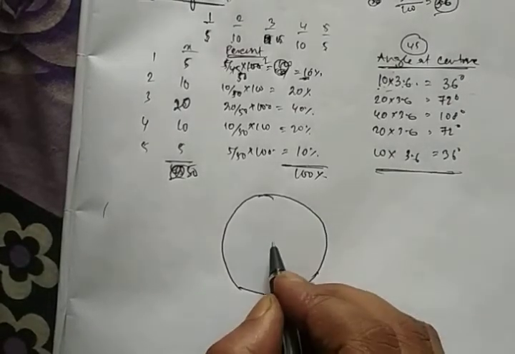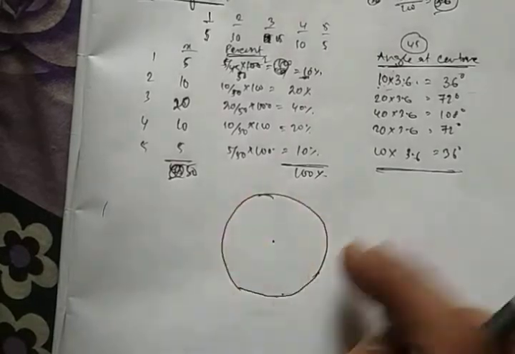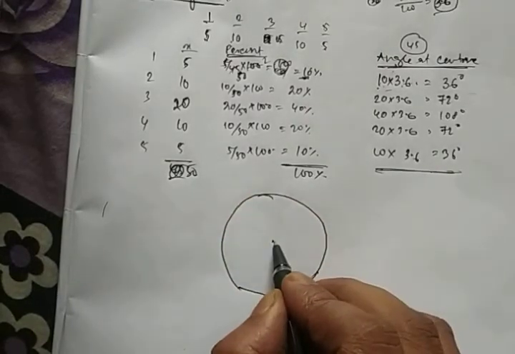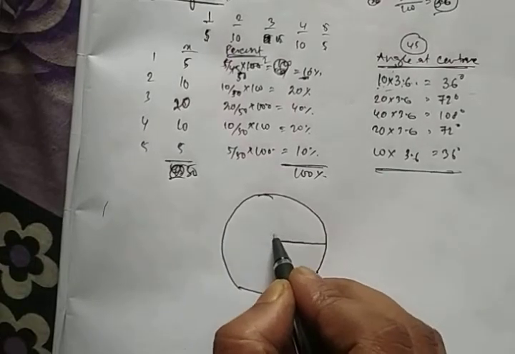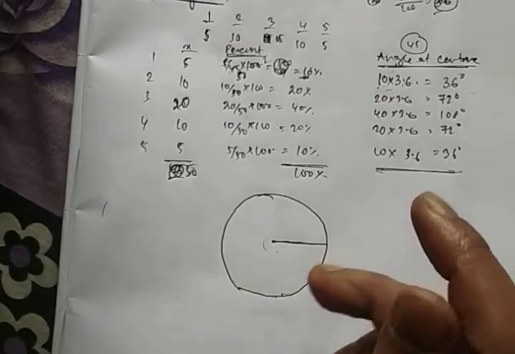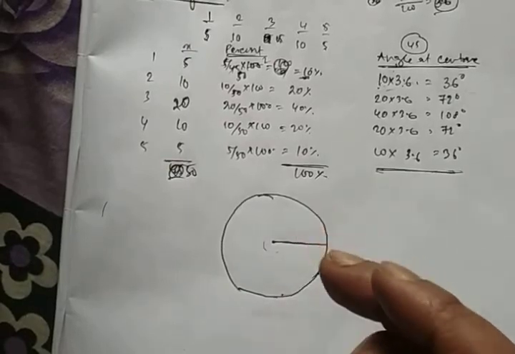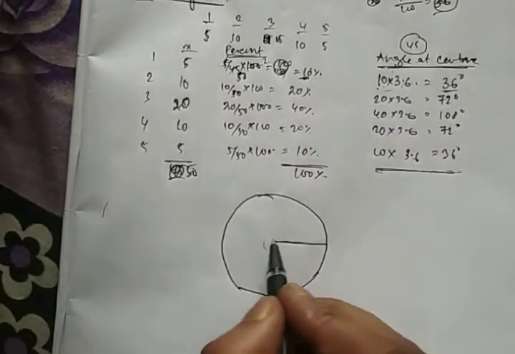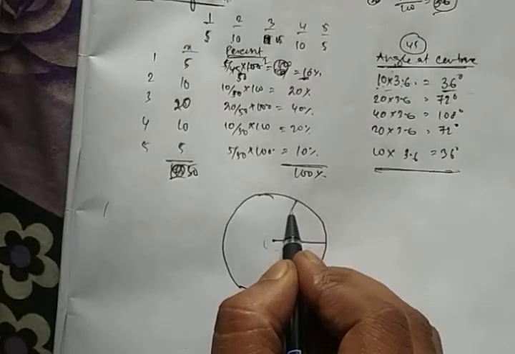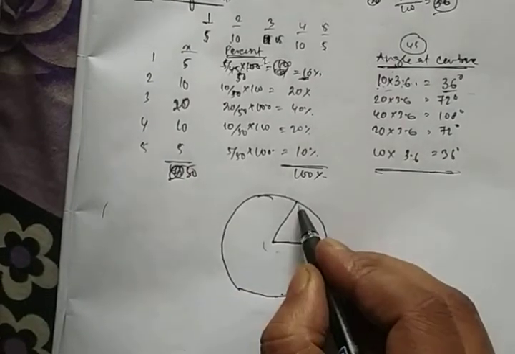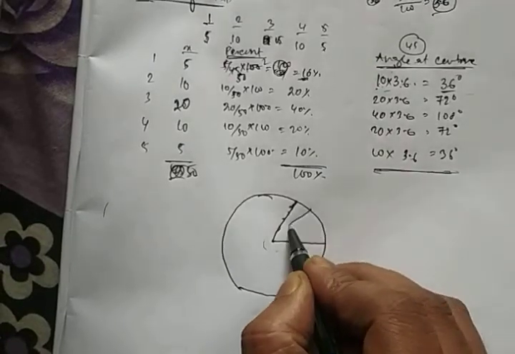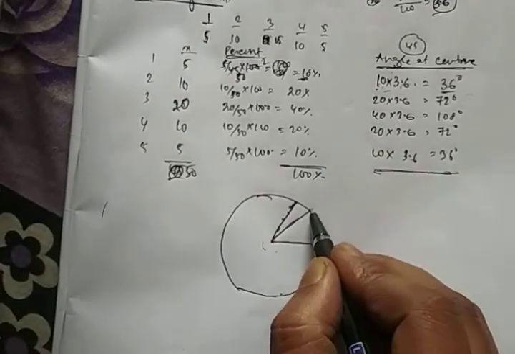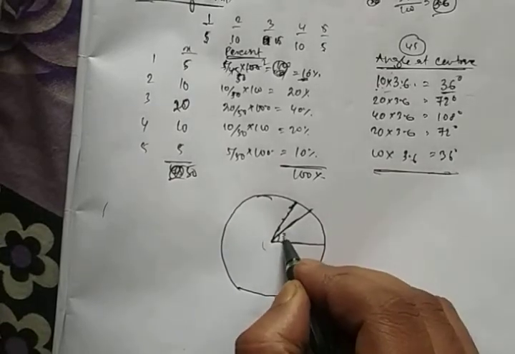Now this is the center, and the total is 360 degrees. If we make a fixed line, which is this, the total angle is 360 degrees. Now we will first take the angle of 36 degrees. Let's say this is 36 degrees.